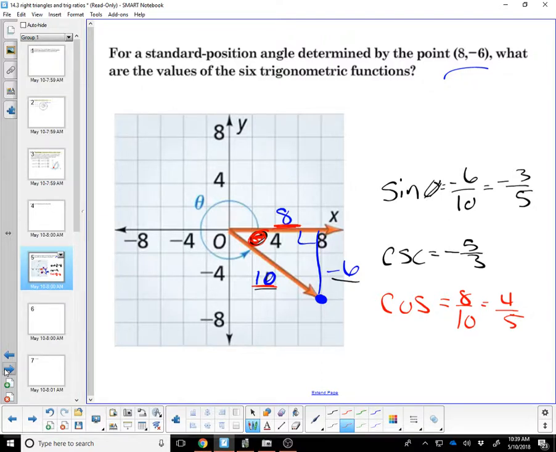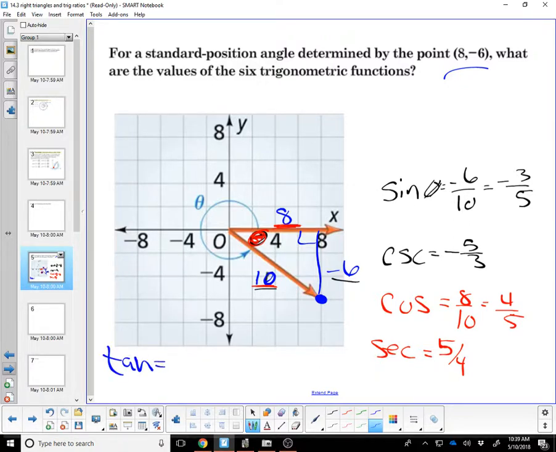I know that the reciprocal of cosine is the secant, which means that the value of secant is going to be 5 over 4. We're 66% done. Or I should say 66.6. All right, let's do tangent.